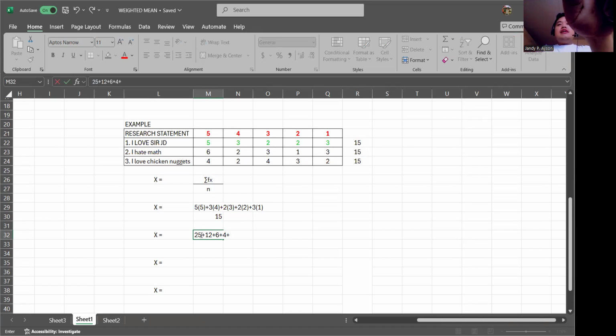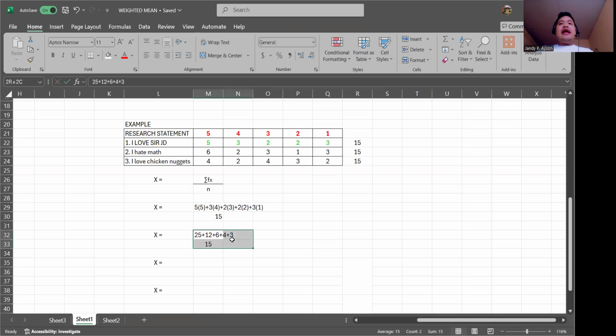Plus, 3 times 1, is equivalent to 3. Okay, so ayan. So tama na. And then divided by 15. So next step is to just add everything. 25 plus 12 plus 6 plus 4 plus 3.